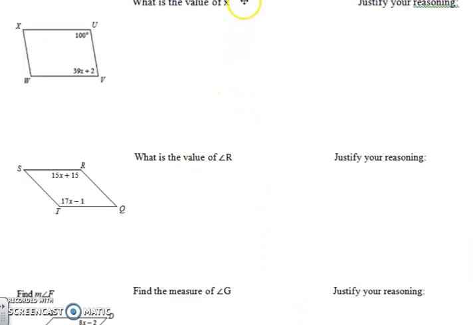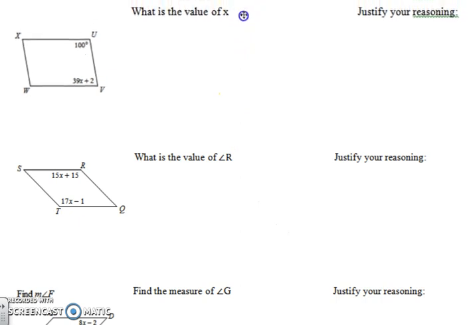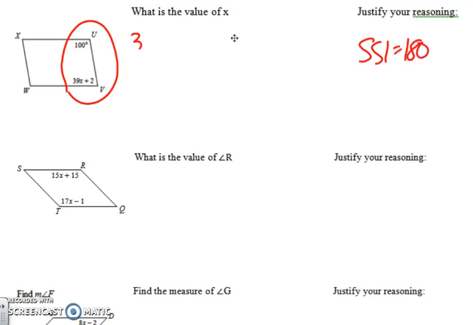So what is the value of x? I need to know the vocab word for these two, which would be same side interior, equaling 180. So I need to set up a lovely equation. 39x plus 2 plus 100 equals 180.